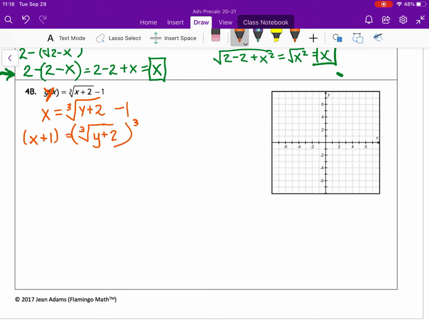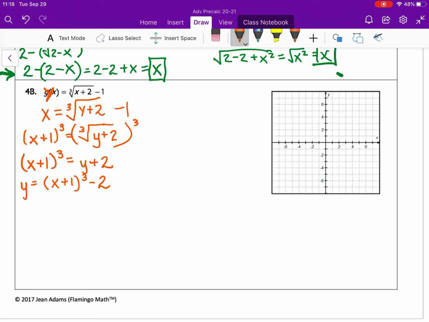Okay, I want to get rid of that cubed root. Remember, to undo a cubed root, I cube it. But if I cube one side of the equation, I must cube the other side of the equation. Then I am just left with y plus 2. Y is almost by itself now.